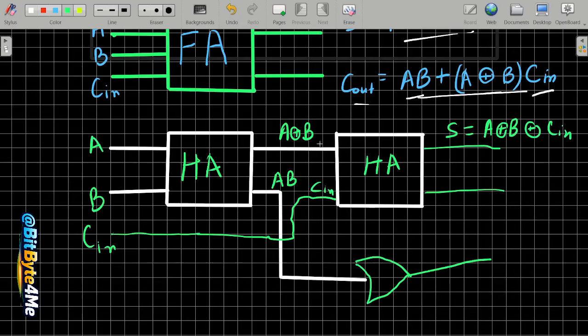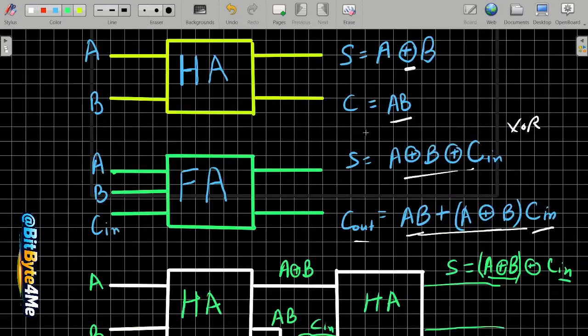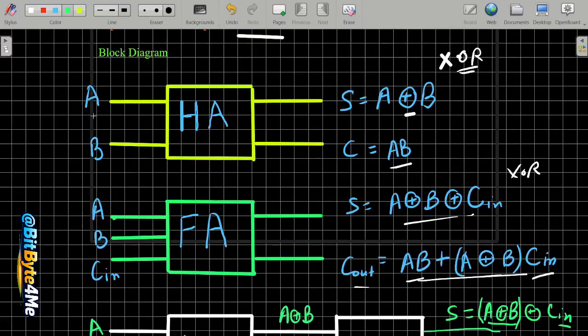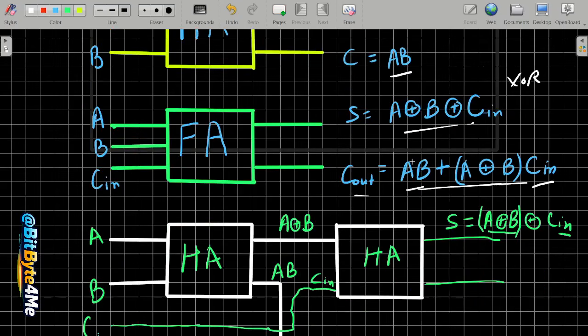So for this half adder we have two inputs. One is A exclusive OR B, this is X, and C in is Y. It will perform the exclusive OR of these two inputs, because a half adder always makes the exclusive OR of A and B as sum, and A multiply B, or A AND B, as carry.